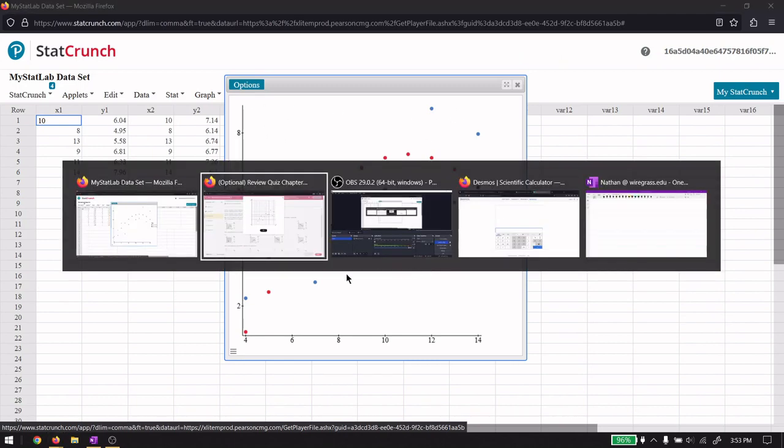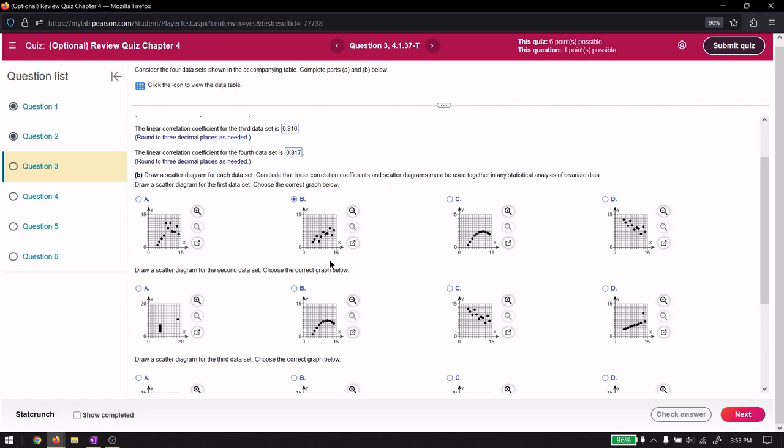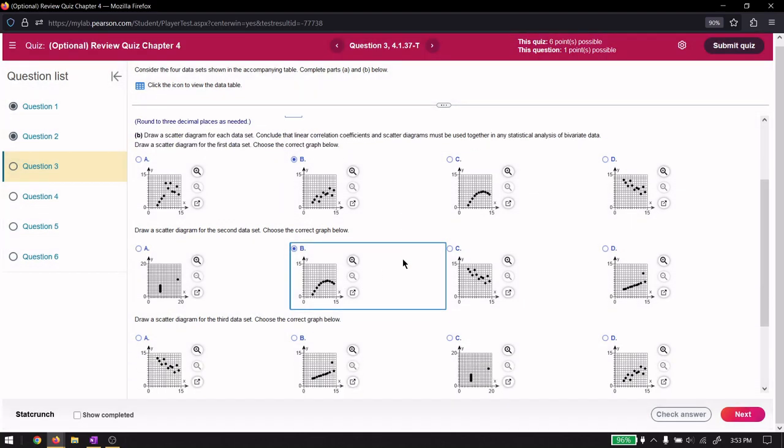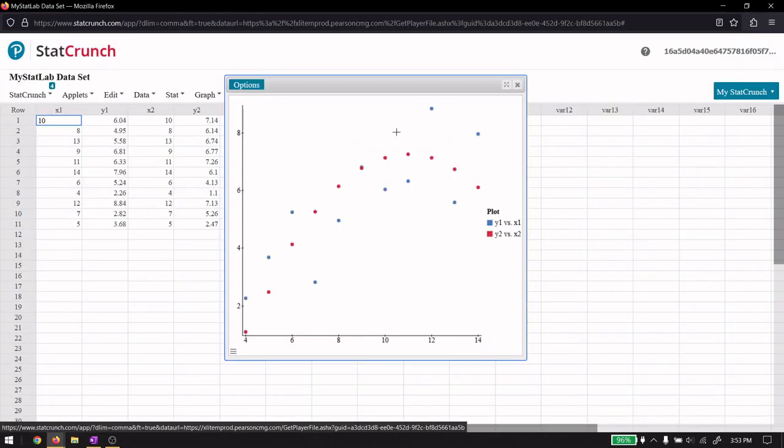Yeah, that looks correct to me. And then we know this one's clearly this quadratic behavior here.